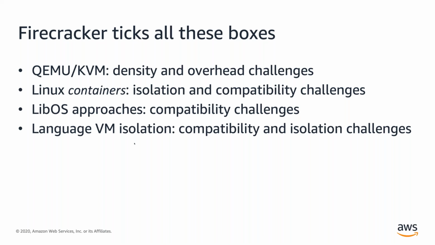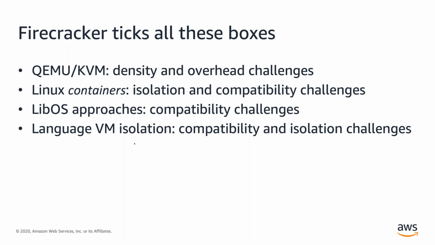Library OS approach is very commonly used too. Big compatibility challenges there. A lot of software is written to assume Linux, assume a particular kernel, assume there's a user land there, and so on. Library OSs can be very interesting from an academic perspective, and we're very excited about that community, but they weren't a good fit for Lambda because we wanted people to bring their unmodified software.